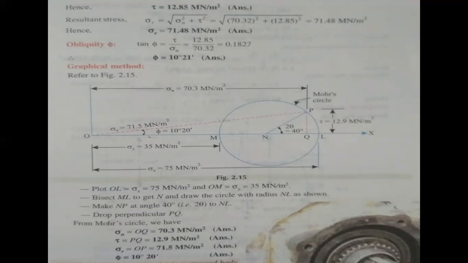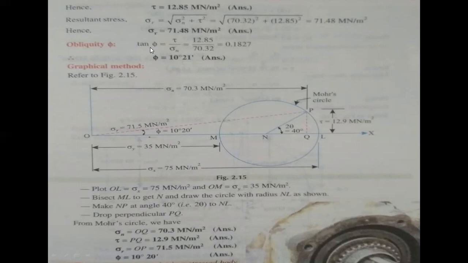The resultant stress sigma is given by the normal tensile stress sigma n and the tangential stress tau, squaring and adding and then taking the square root. Putting in the values of sigma n and tau and taking the square root, we find the resultant stress as 71.48 mega Newton per meter square.